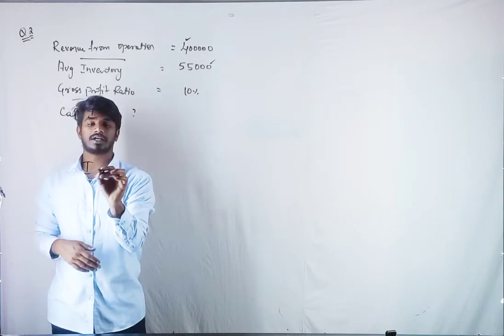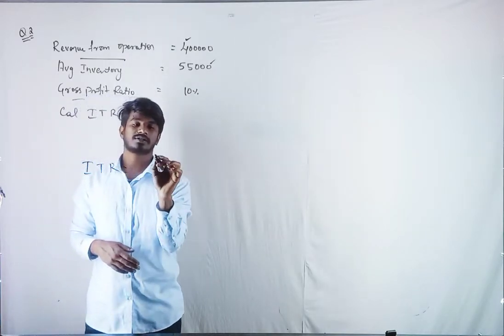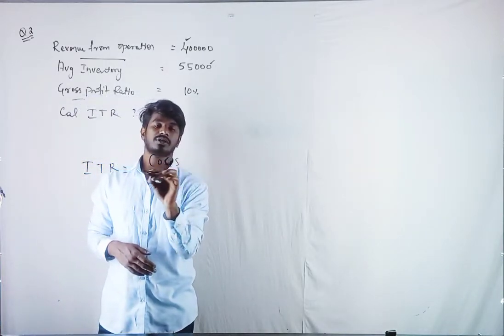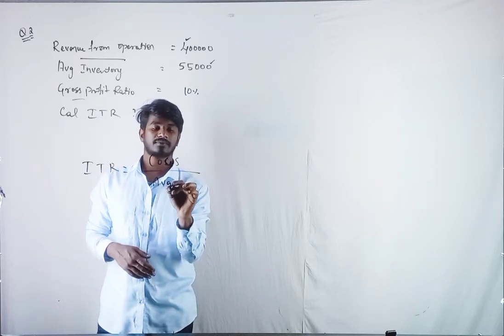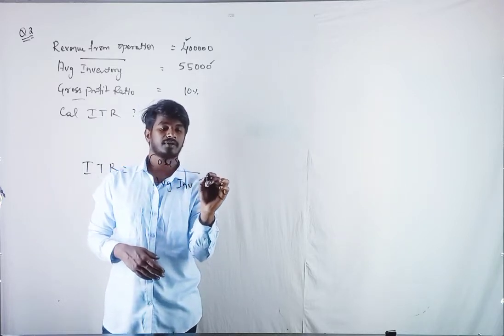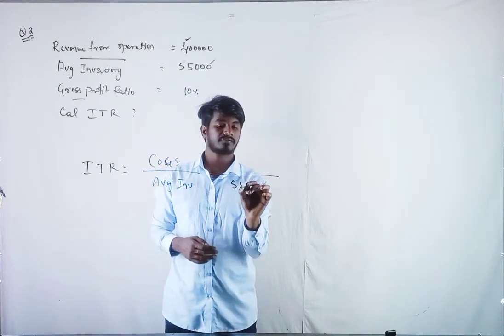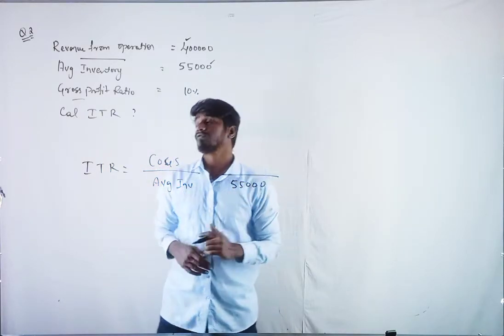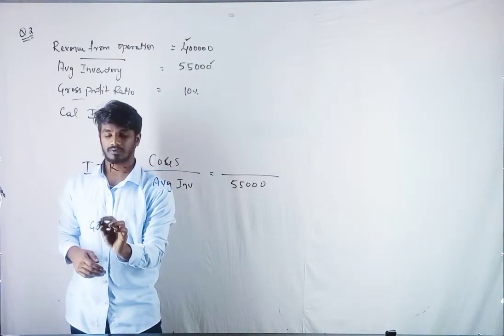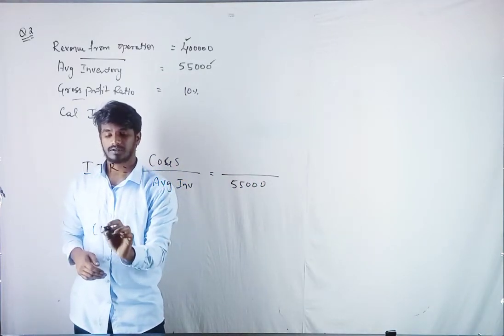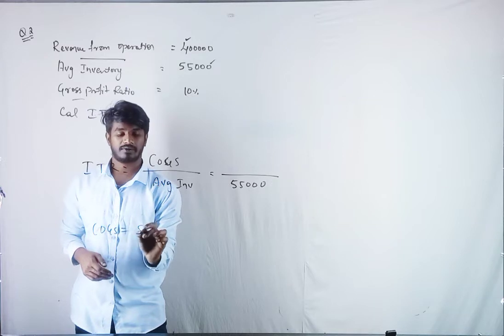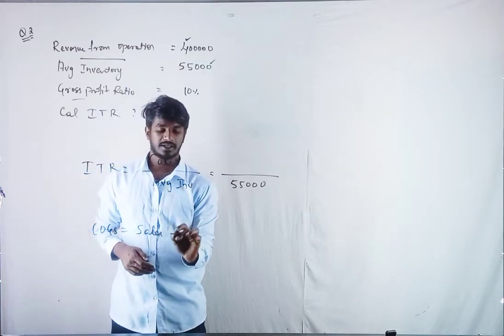Okay, ITR is equal to cost of goods sold divided by average inventory. Average inventory they have given is 55,000. Cost of goods sold, COGS: they have given sales minus GP.